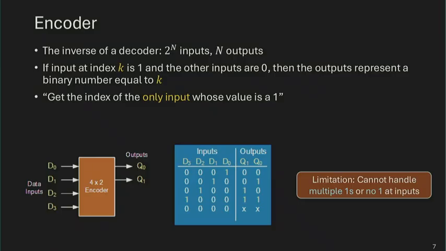So if you have an input 1 at position 3, the output will appear as 1, 1. If I input 1 at position 1, the output will appear as 0, 1. It tells you the index of that one input at the data inputs of the encoder. It gets the index of the only input whose value is a 1.